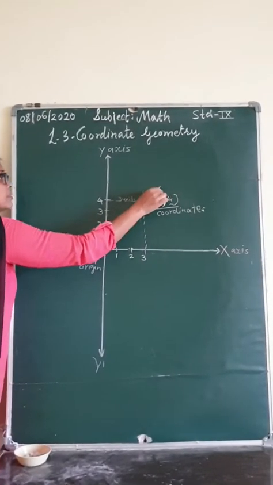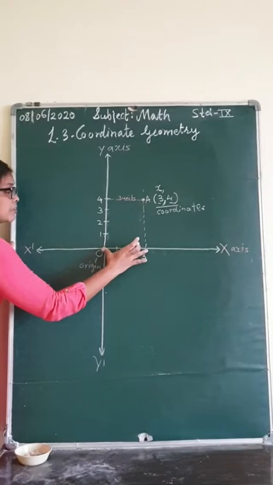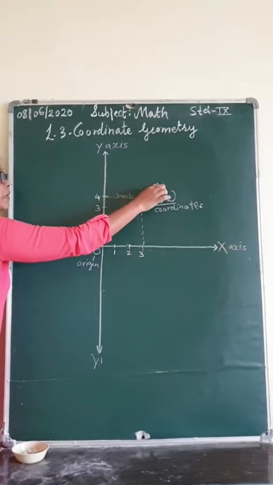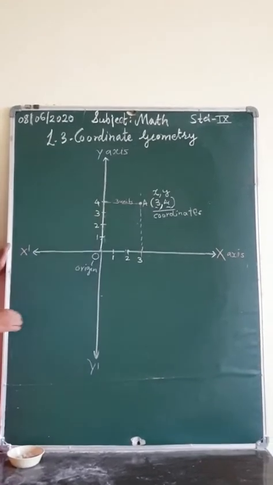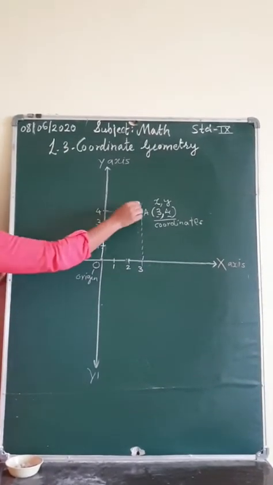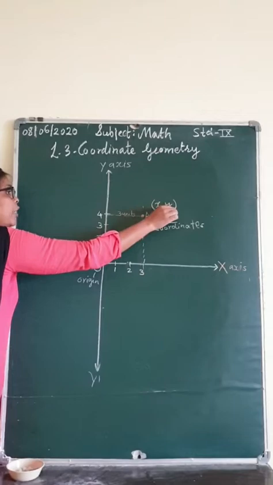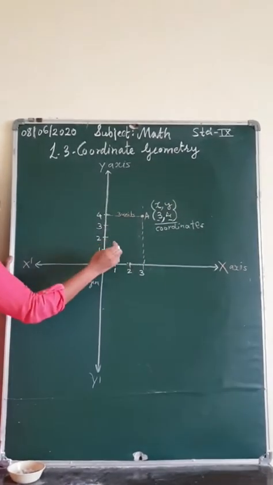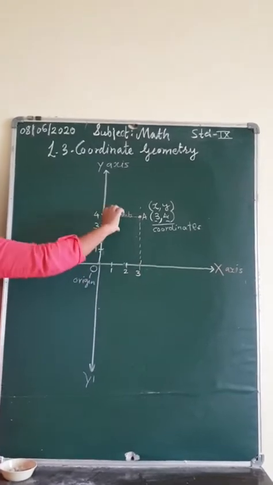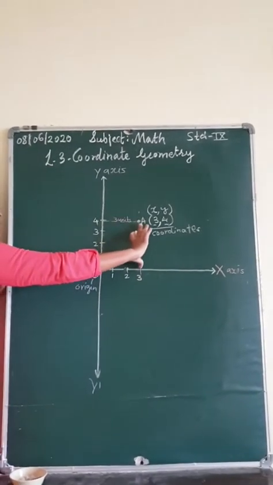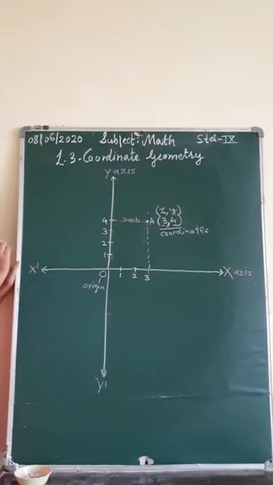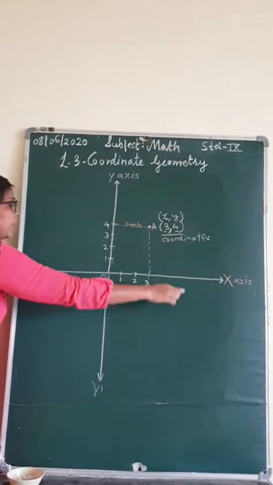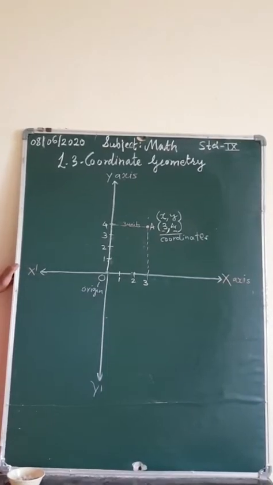That means x, the horizontal distance, is written first and then the vertical distance. There is a fixed way of writing coordinates: horizontal distance first, again I am saying, and then vertical distance later. And these are called coordinates. And this whole plane is known as the coordinate plane.